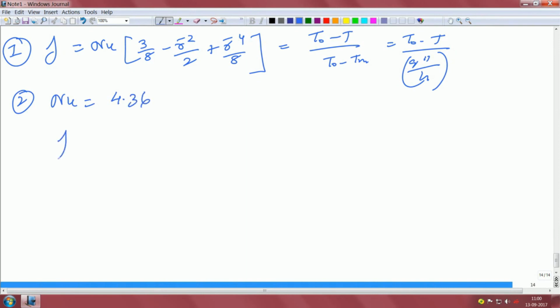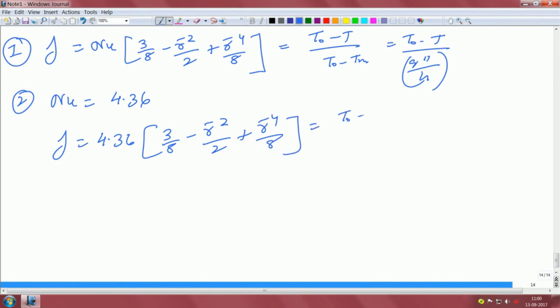So essentially you can say f is equal to 4.36 into 3 by 8 minus r to the power of 2 by 2 plus r to the power of 4 by 8, which is your definition of the temperature profile. This is all for the uniform heat flux case. So this is like the corollary of this particular thing, right?